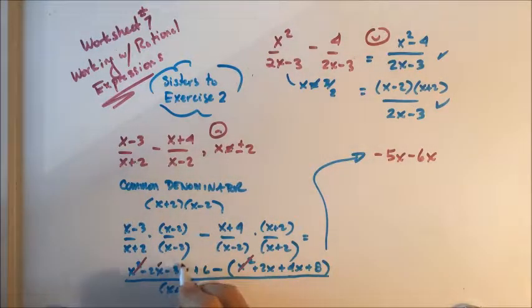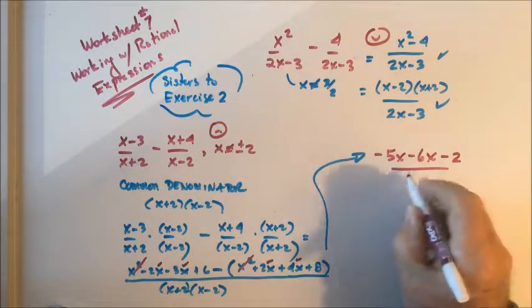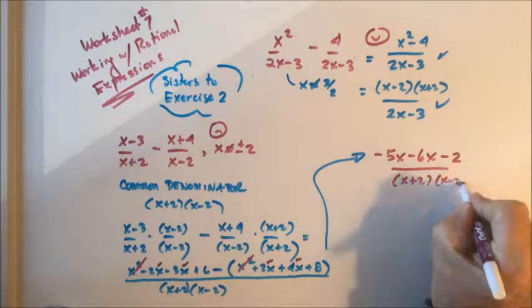And then I've taken care of all of those. I'm just doing bookkeeping, making sure I've gotten rid of everything. I've treated everything. And here I've got a 6 minus an 8, which is minus 2. On the bottom, I've got x plus 2 times x minus 2.